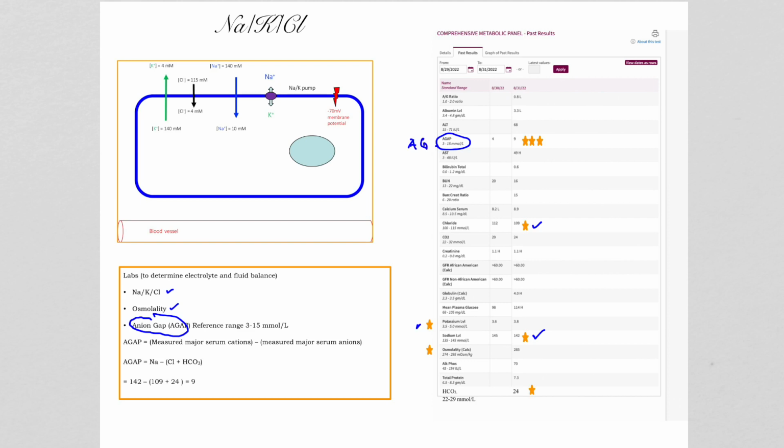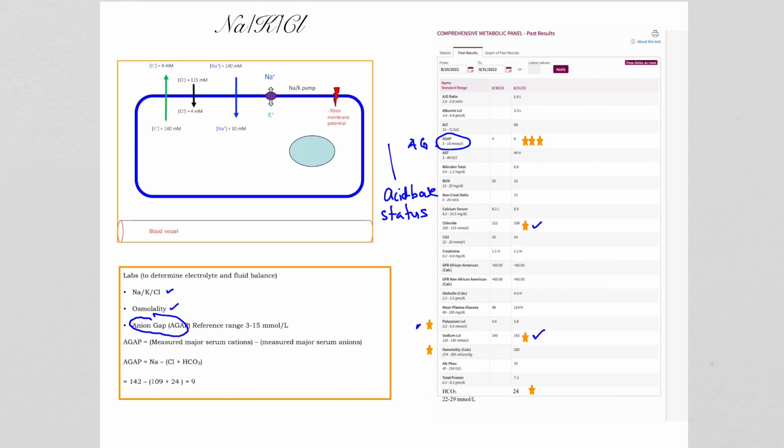Anion gap is a useful test to assess the acid-base status. One of the uses of this test is to evaluate the acid-base status of a patient. We'll talk about acid-base processes that happen in humans.